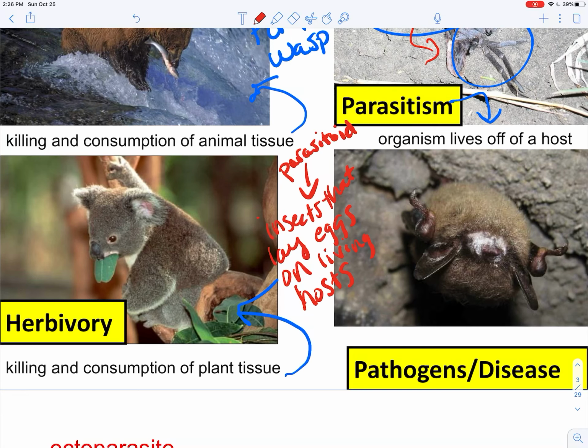And then we have pathogens and disease. So here we have a variety of pathogens that we can talk about, from bacteria to parasites to animals, and then non-living agents like viruses or even prions that are disease-causing agents.